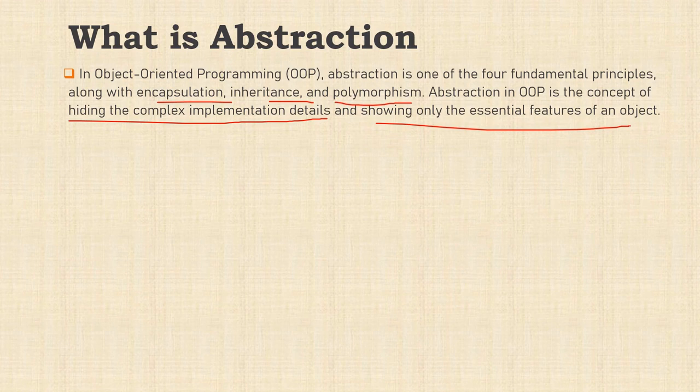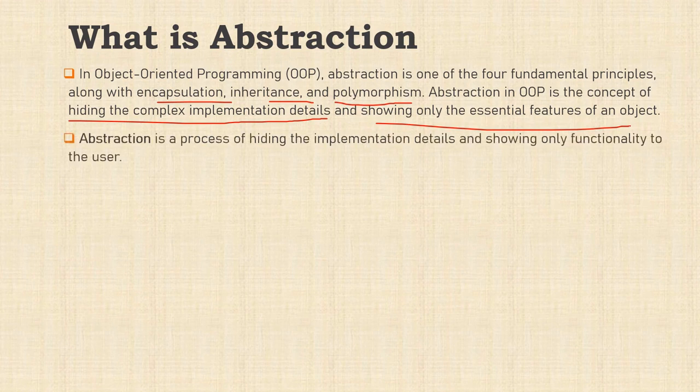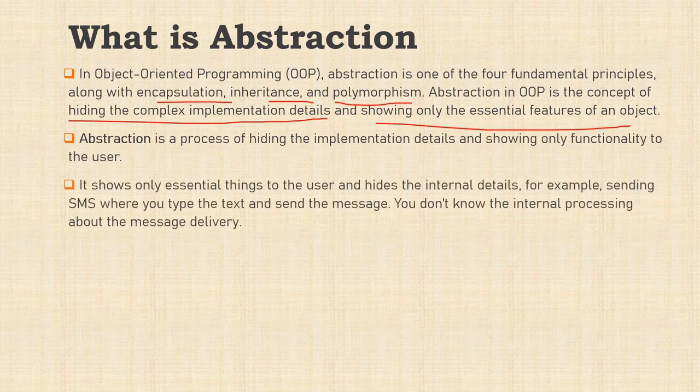Only essential things will be visible to the user. Abstraction is a process of hiding the implementation details and showing only functionality to the user. In simple words, it shows only essential things to the user and hides the internal details.